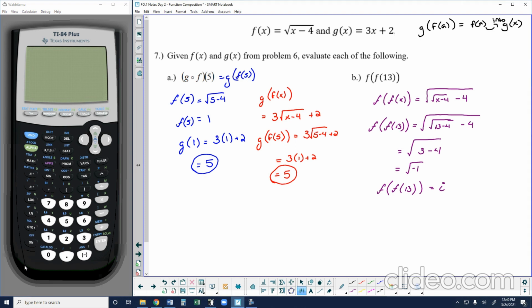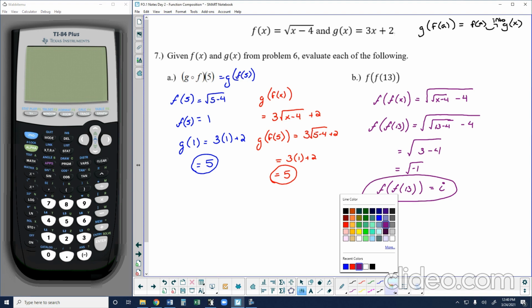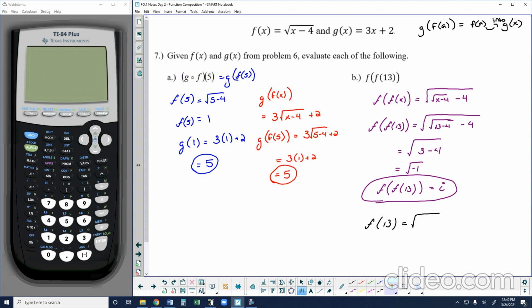Now, the other way that you could have done this is you could have evaluated f of 13 first. So you could have just done f of 13. And in this case, you would have the square root of 13 minus 4, which equals 9. Sorry, the square root of 9, which equals 3. Then we could take that 3 and substitute it in there for f of 13.